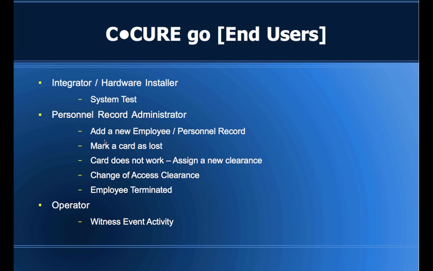And finally, the operator is responsible for monitoring and administering the Secure 9000 system. Using Secure Go, they can perform the tasks from the mobile device such as witness event activity and not be restricted from sitting in front of the PC running the admin station.